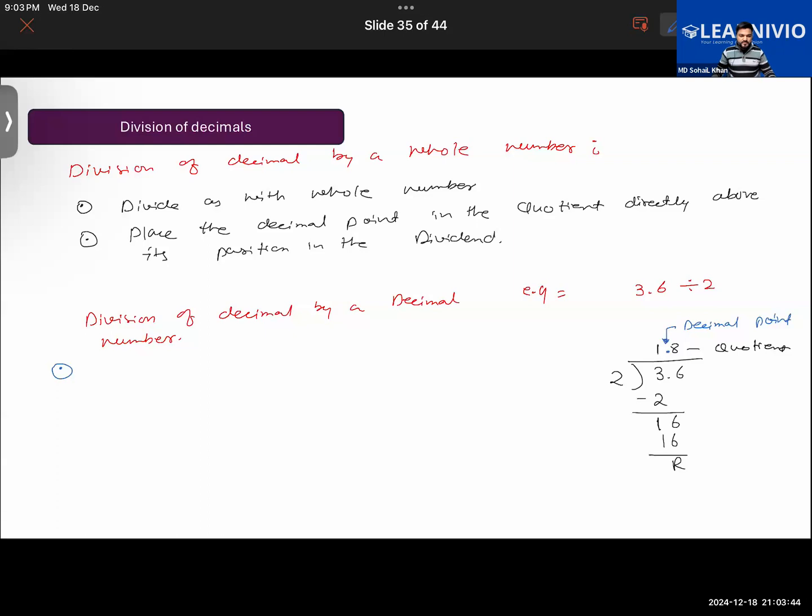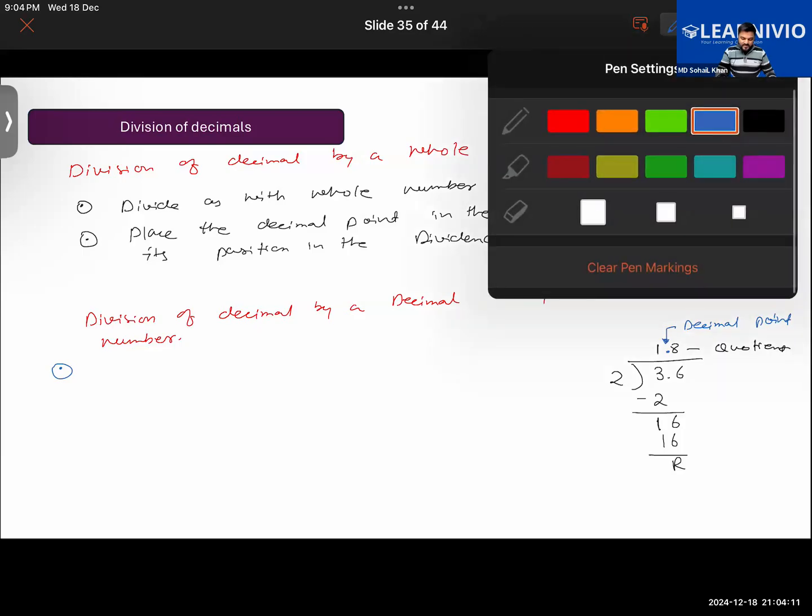The second one, to understand the second method, first we are going to take one example.